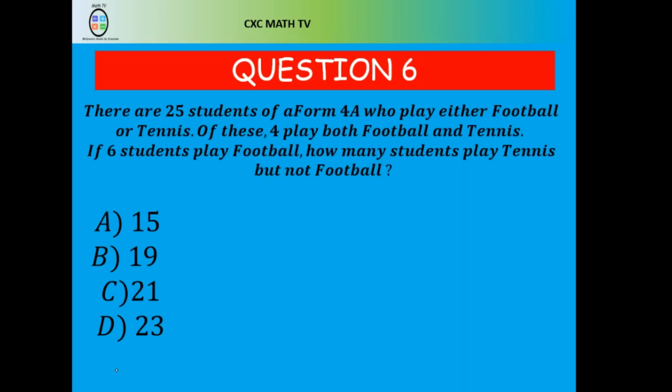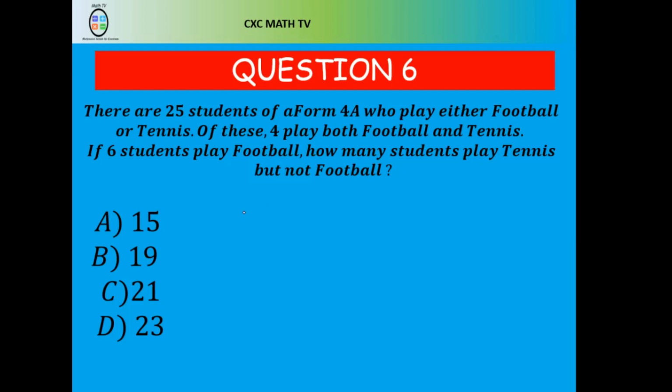Question 6. It says there are 25 students of Form 4A who play either football or tennis. Of these, 4 play football and tennis. And if 6 play football, how many students play tennis but not football? So in that case now, pause the video and attempt the question. Easy. So first thing, what do we know?